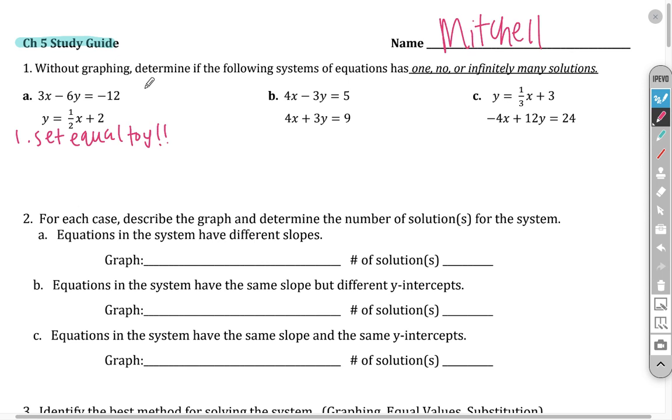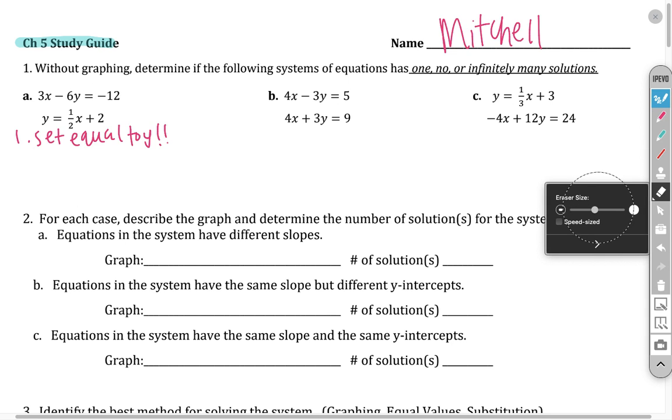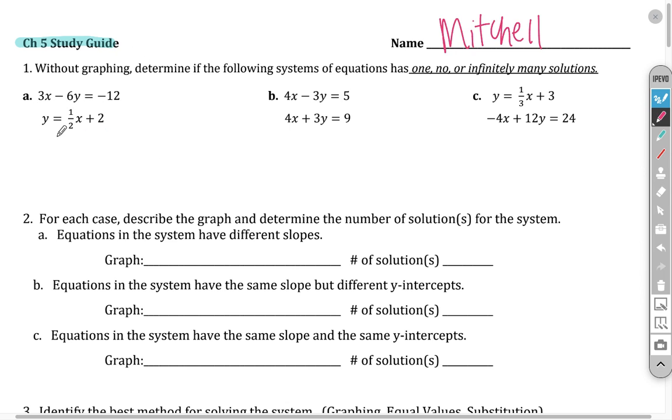So we've got 3x minus 6y equals negative 12. To solve for y, we need to move 3x to the other side. This is a positive 3x, so we're going to subtract it. So we've got negative 6y equals negative 3x minus 12.